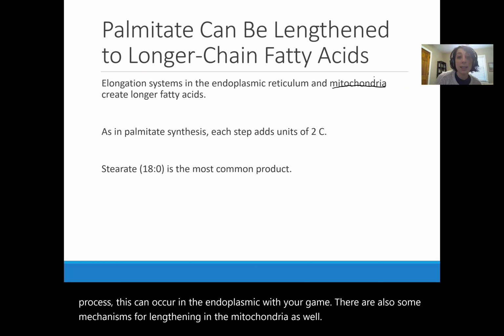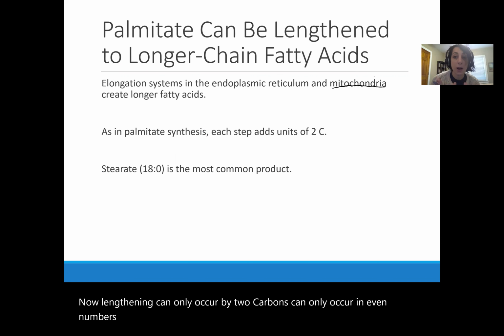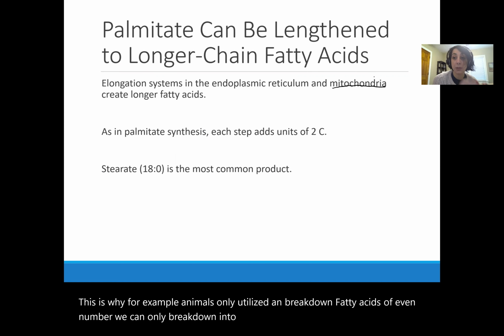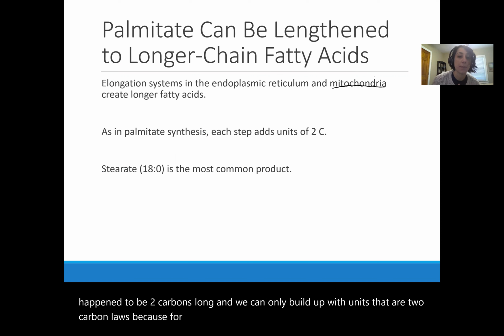Now, lengthening can only occur by 2 carbons, in even numbers, and this is why, for example, animals only utilize and break down fatty acids of even number. We can only break down into units that make acetyl-CoA, which happen to be 2 carbons long, and we can only build up with units that are 2 carbons long because we're utilizing acetyl-CoA and malonyl-CoA.